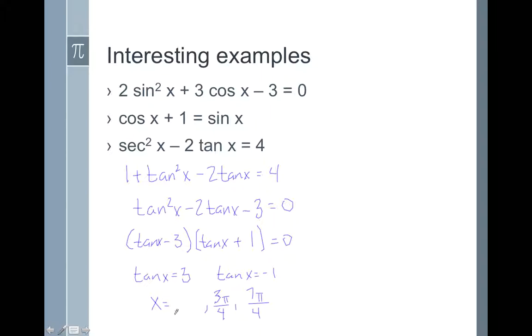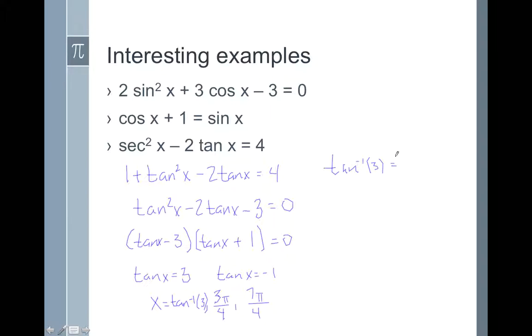But then the other one, well, 3 is not a special number. So you're going to actually have to do tan inverse of 3. And I'm okay if you guys just leave it like this, or you can plug it in your calculator. Remember there's 2 different modes.